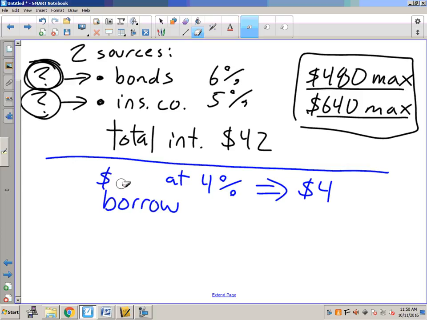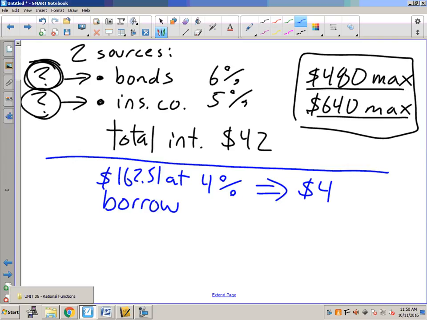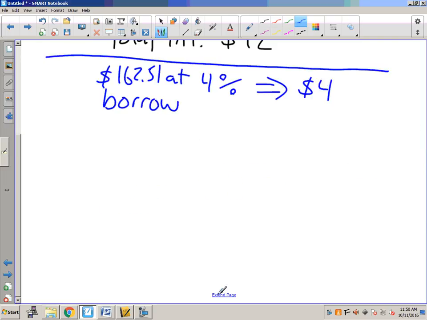All right, now here's a tougher one. Still 4%. We're going to not borrow $100. We're going to borrow $162.51. Can you figure out for me, please, how much interest we're going to owe rich Uncle Rick at the end of this?